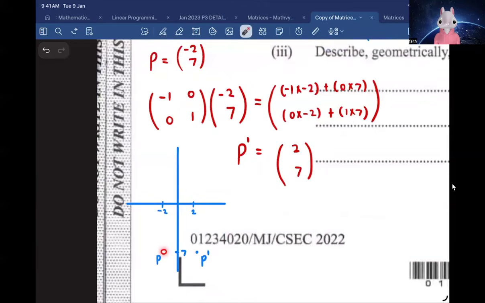What would I do to go from there to there? What type of transformation does that look like? A translation, sir.